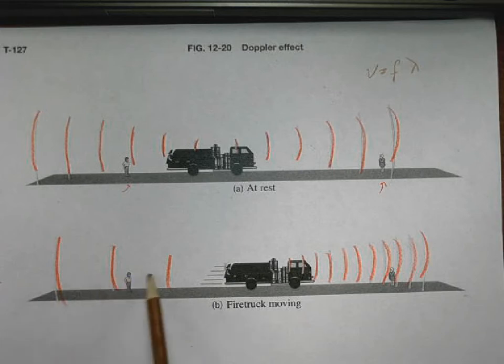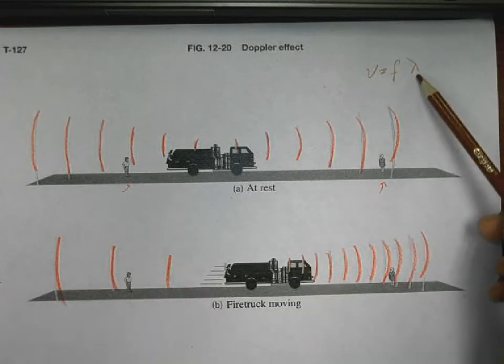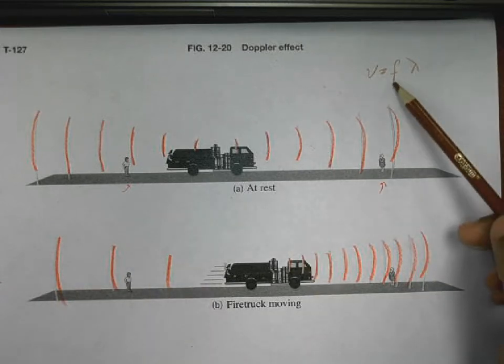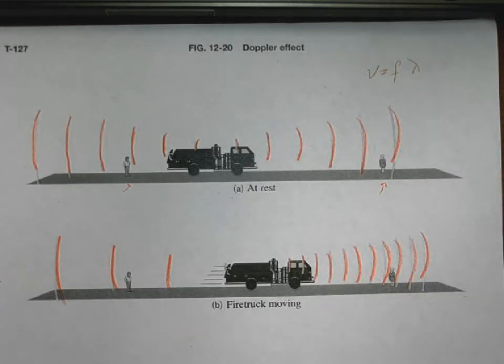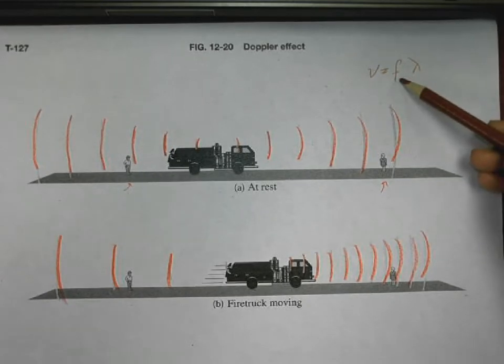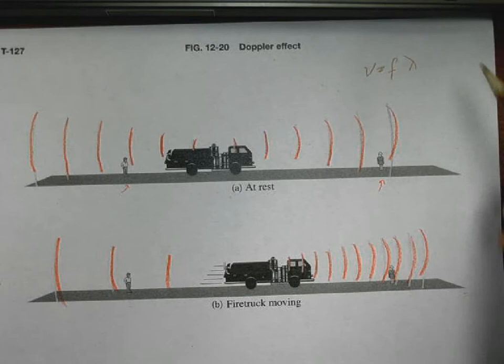If wavelength gets longer, that means frequency has to get lower, and he hears a lower pitch. So that's what Doppler effect is. It's a perceived change in the pitch, because there was a physical manipulation of the wavelength. And if you manipulate the wavelength, then you change the frequency as well.